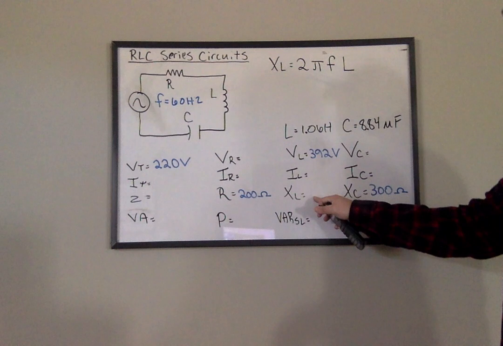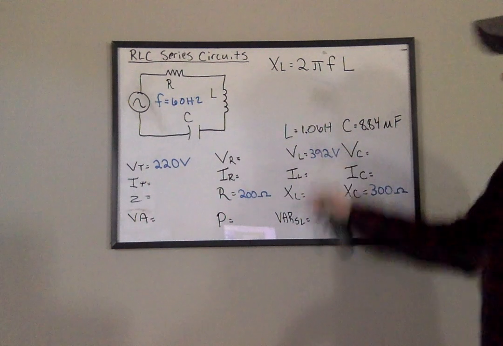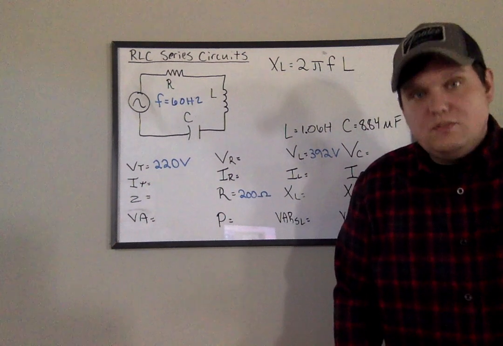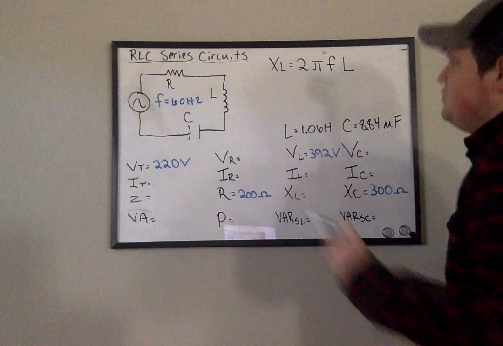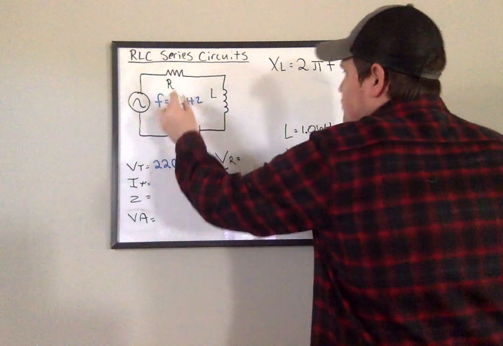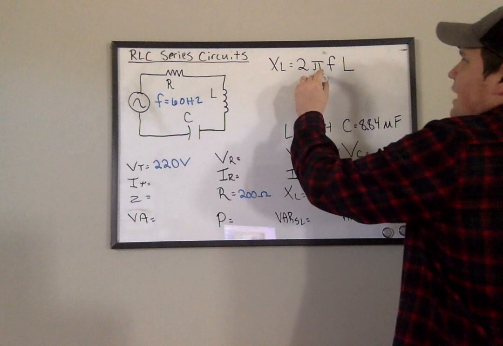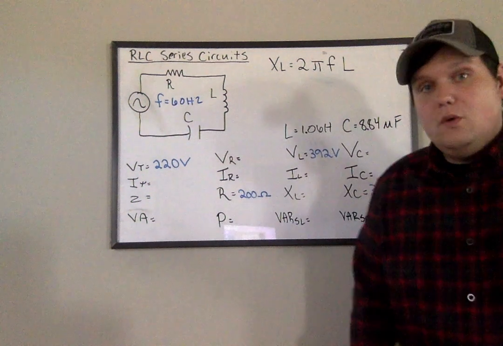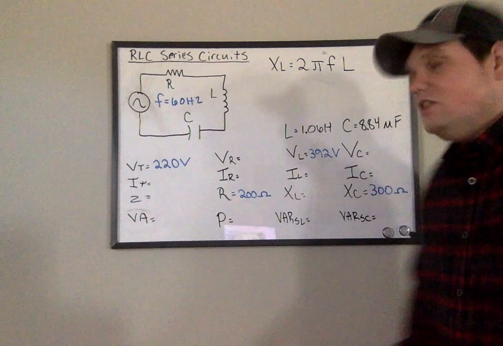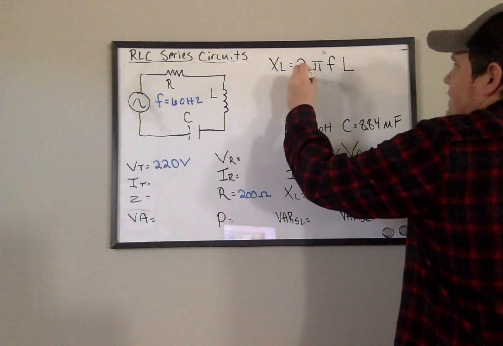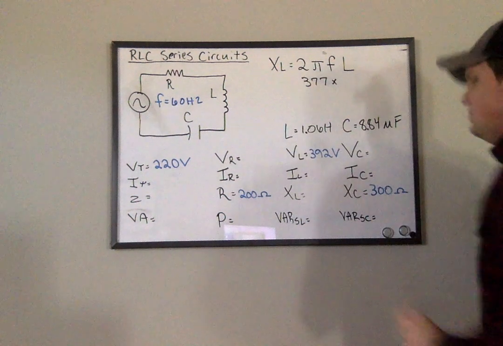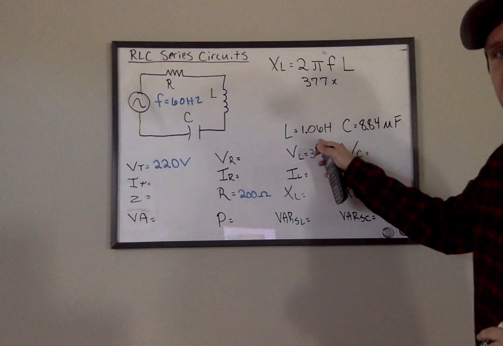Once I have XL, I will have two things in this column, which means that from there, I can just go to Ohm's Law. So remember the shortcut: anytime I have 60 hertz, 2 times pi times 60 is going to be 377. So essentially what I have here is 377 times the value of my inductor.